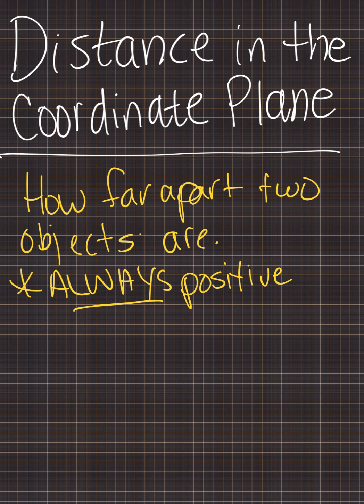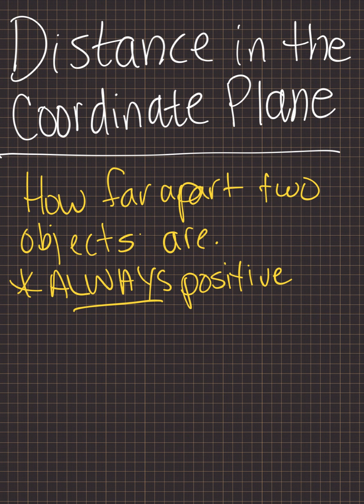You did not go negative 10 steps. Now, a negative piece of information can tell us direction, but when we're talking about distance, we're not concerned with direction. We're concerned about how far it is between two things. So make sure that when you're calculating distance, you're always using positive answers, okay?